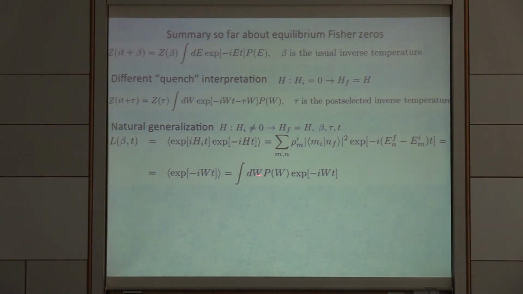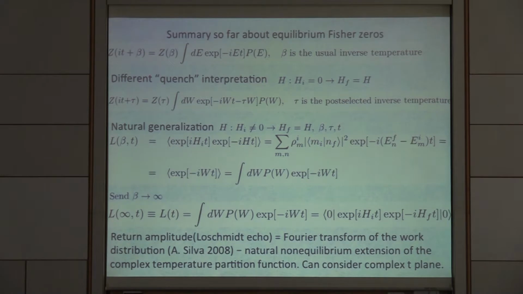So I see that there is a natural generalization of this partition function, which now doesn't have equilibrium meaning, because I have initial Hamiltonian, final Hamiltonian, but it's a sort of natural extension of this partition function. And now, well, this object I don't think was ever studied. But what one can do is to take the limit when beta, so initial temperature, goes to infinity, so I'm in the ground state.